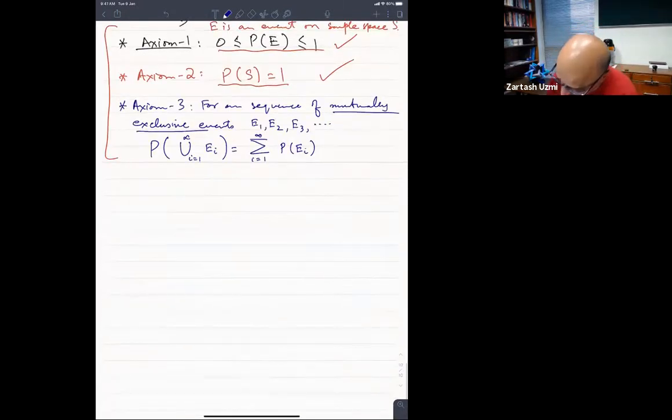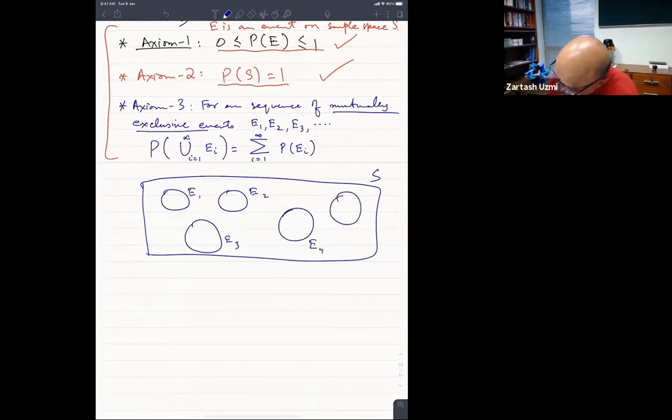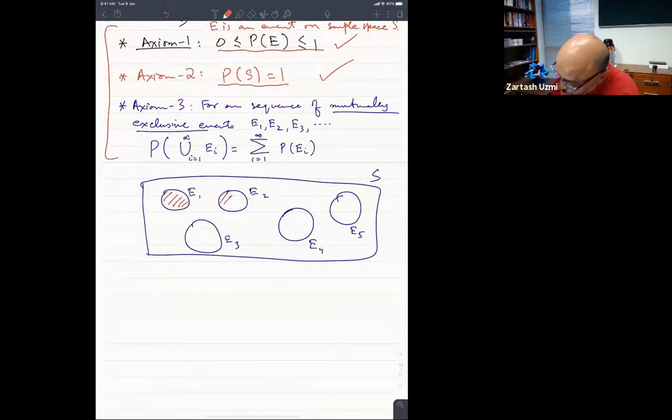ये हमें ये कह रहा है कि if you have a sample space S और उसके अंदर events हैं E1, E2, mutually exclusive हैं E3, E4, E5, ठीक है? So the probability of the union is equal to the sum of these individual probabilities. ठीक है?